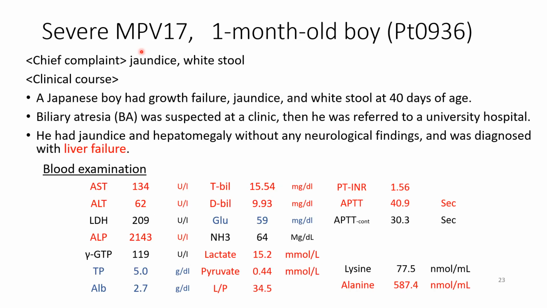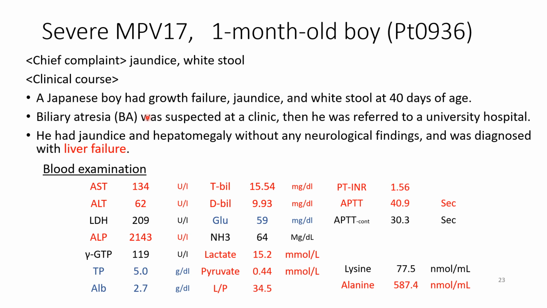I'd like to introduce severe MPV17 cases. A Japanese boy had growth failure, jaundice, and white stool at 40 days of age. Biliary atresia was suspected at the clinic.